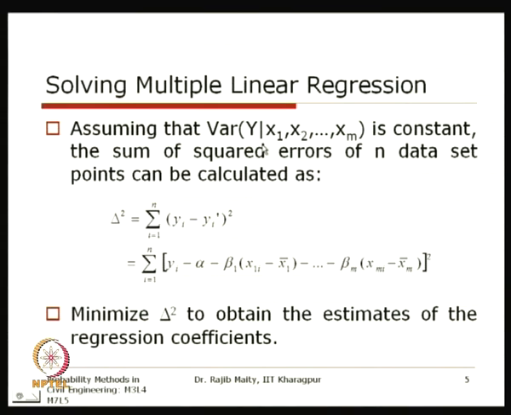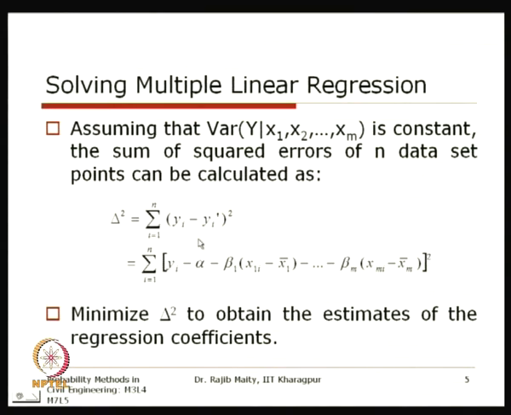Now if we assume the first case, that the conditional variance is constant, then the sum of square error of the n data points can be calculated as this. So, y I is our actually observed target variable, and y I prime is the modeled variable that we are getting from this regression equation. We take the difference between them, square them, and then sum up for all the individual observations, that is n observations.